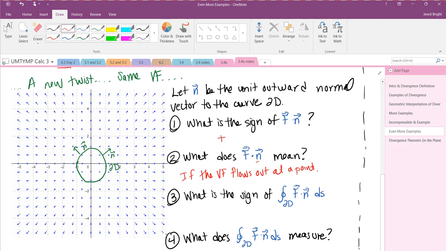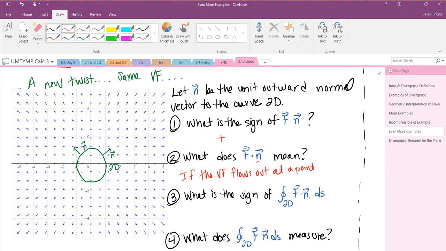Okay, and then now I'm kind of curious. Well, now if I look at the line integral around the boundary, or over the boundary, of this quantity, would that be positive or negative?